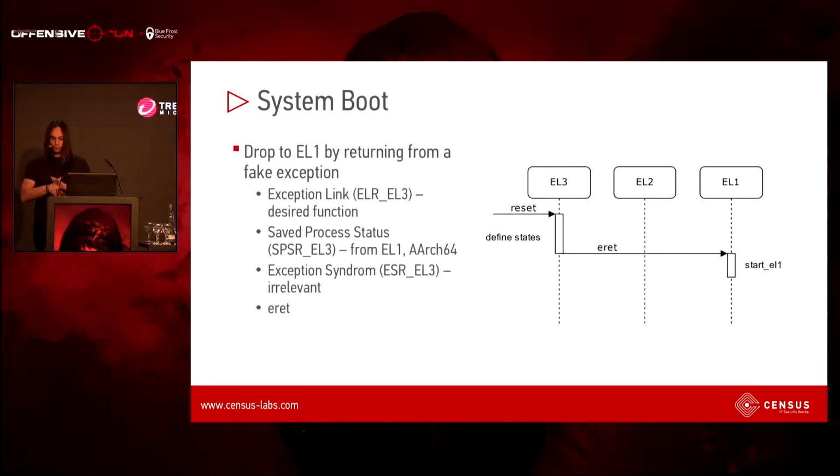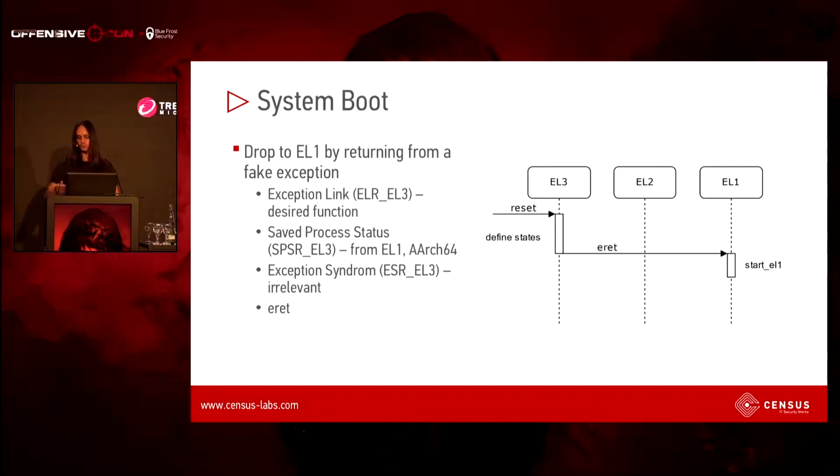So how do we drop to lower execution levels? We can only drop by returning from exceptions. Since we are at reset, there is no exception that led us there, so we create a fake exception to return to. And how do we do that? There are 3 registers which are related to exceptions. First, we have the exception link register, and this holds the return address after the exception has been handled.